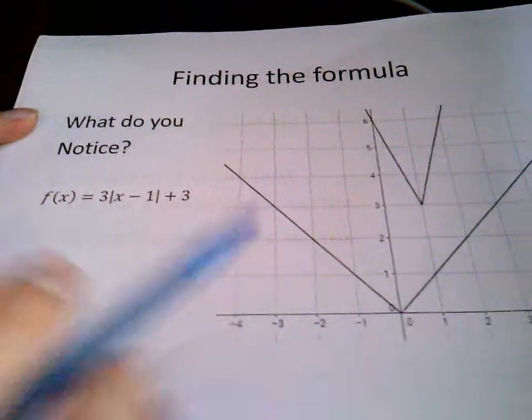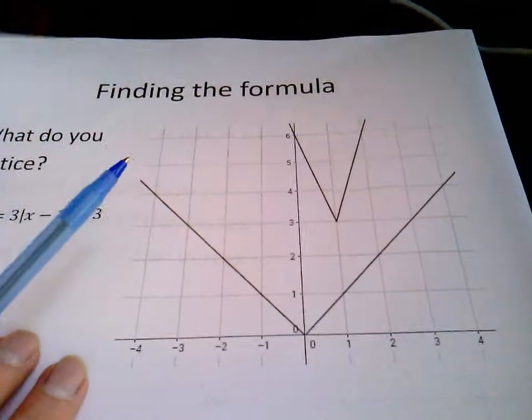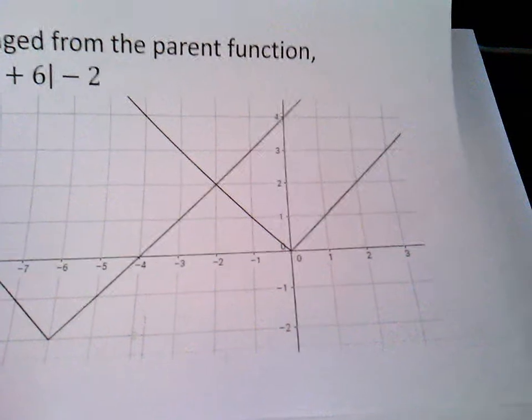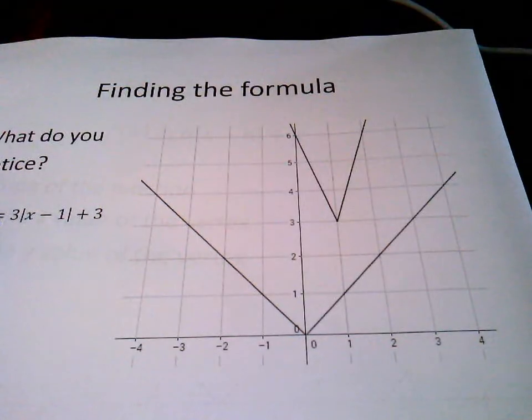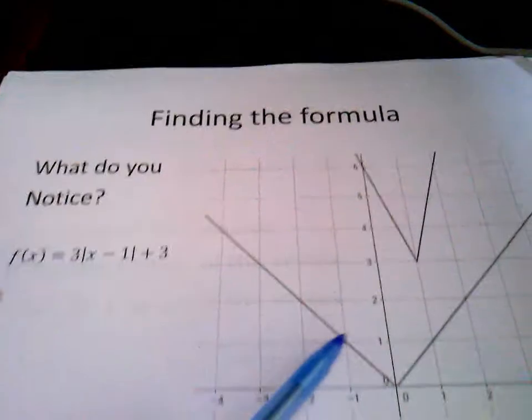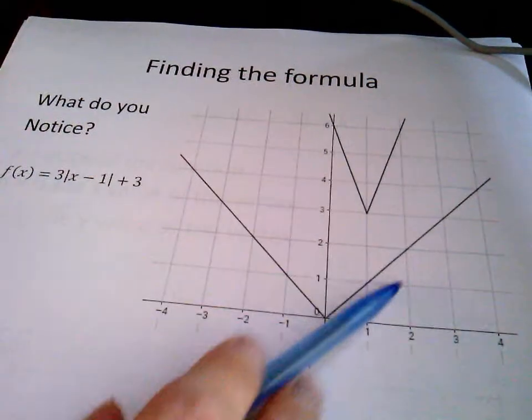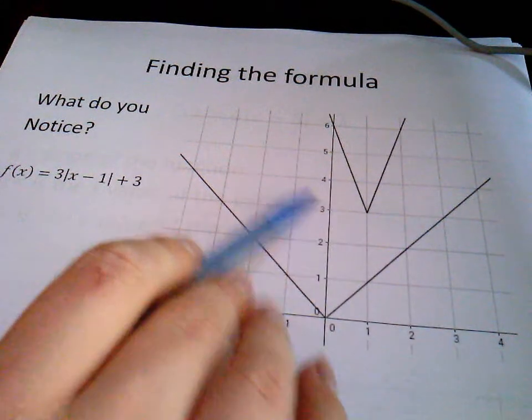This one, we'll notice that we have this 3 here. We did not have a number there before, but now we do. So that means something. Well, let's compare. The last one, the size of the V did not change. In this one it does, it gets smaller.